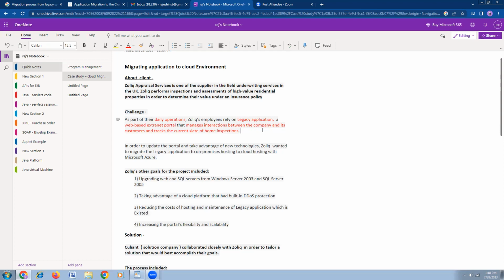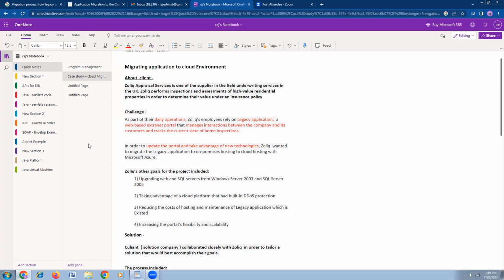Now here is a question: if they are using an application, why is the customer facing a challenge? This is a common doubt anyone will have. So here is the point: they want to update the portal and take advantage of new technologies.